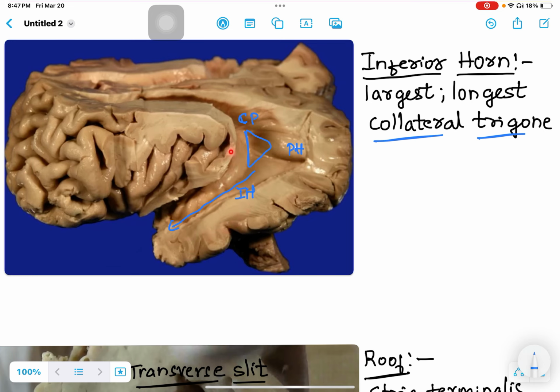So this point is called the collateral trigone. From the collateral trigone, anteriorly it extends into the temporal lobe up to 2.5 centimeters behind the temporal pole. So this is the inferior horn.